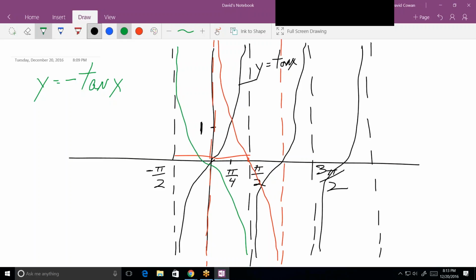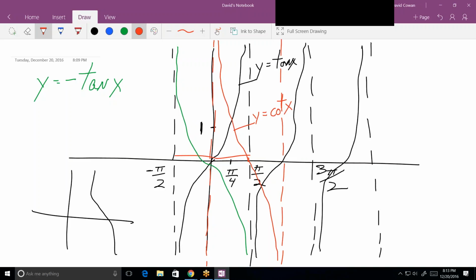So if I just arbitrarily gave you a curve, and I didn't put any dimensions on there, you would not know if that was the minus tangent curve or the cotangent curve. Because remember, the red graph is y equals cotangent x.